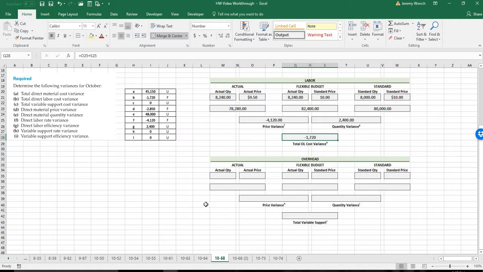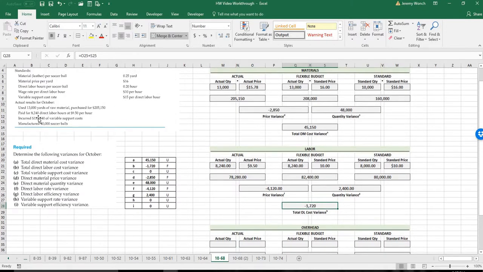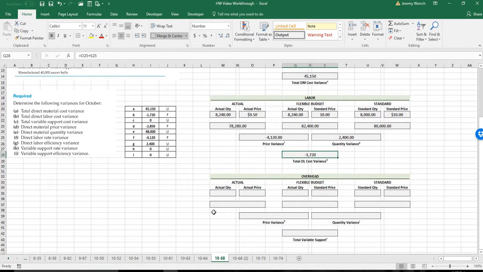All right, then for overhead, same idea. It tells us that overhead up here is variable support cost rate $15 per direct labor hour. So the driver, like we talked about before in ABC costing, is direct labor hours.